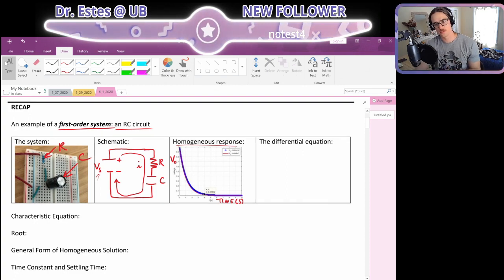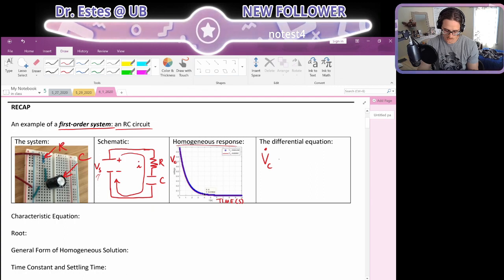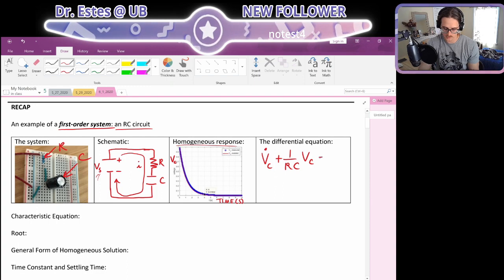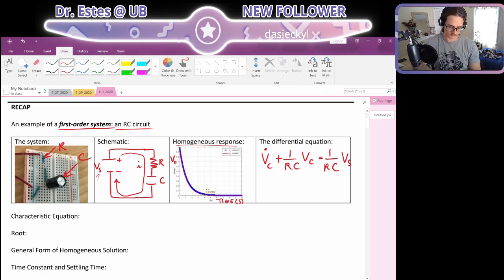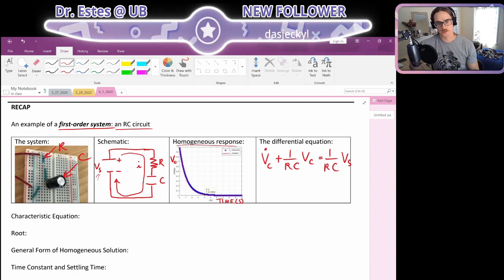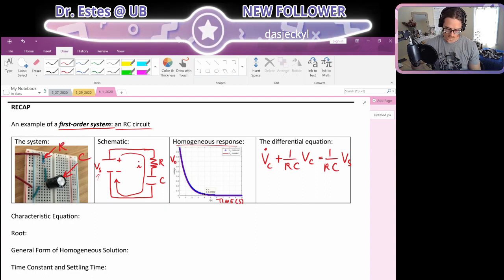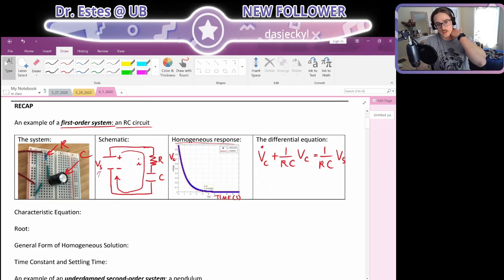If you do the loop rule, you can set up a differential equation that describes these dynamics that looks like this. So if you're going to analyze this differential equation, first we always set up the characteristic equation.